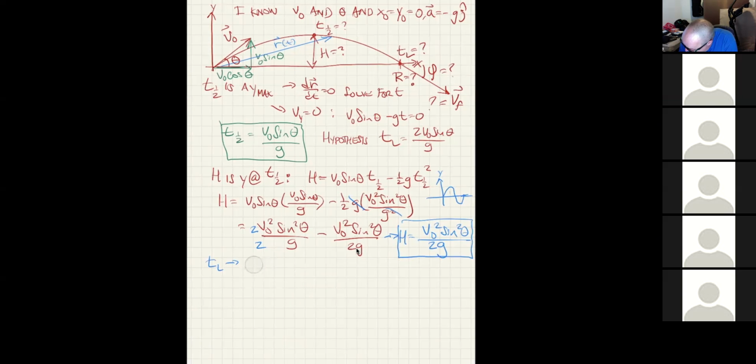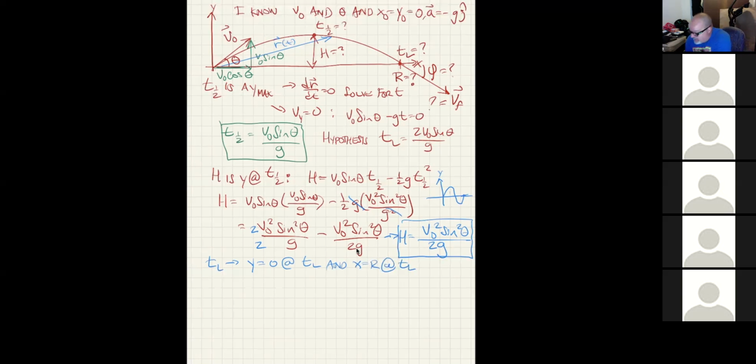Let's say y equals 0 at TL, and x equals r at TL. So that should help us.